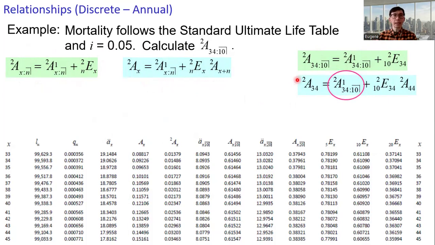All right, from the second expression, we can get the second moment of age 34 here. And the second moment here for the whole life insurance at age 44 as well. And then the second moment of the pure endowment, which equals v^20 times 10p34.